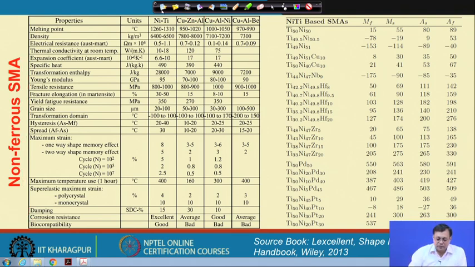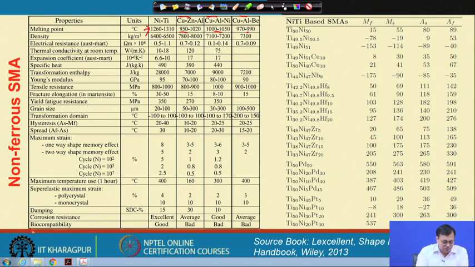Something very interesting to notice here: for copper-zinc, copper-aluminum-beryllium systems, the melting temperatures are relatively lower than nickel-titanium. Nickel-titanium is preferred in such a case.